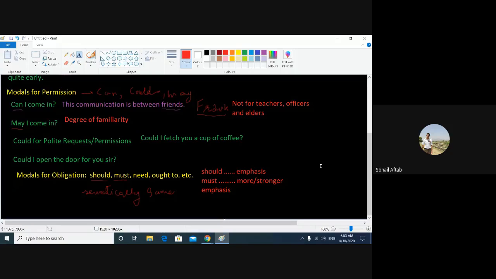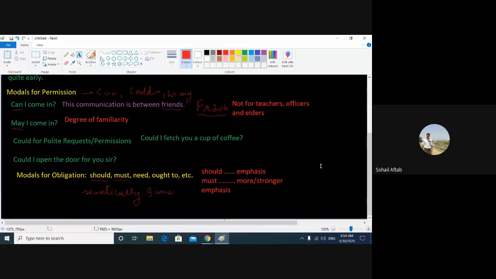Stronger emphasis. So their strength is different. You can use either of these, but if you want to say it with less strength, with less emphasis, use should. For example, you should not go out in the dark. But if you see that outside are people who can be very dangerous, or there is a threat, you must not use the word should.